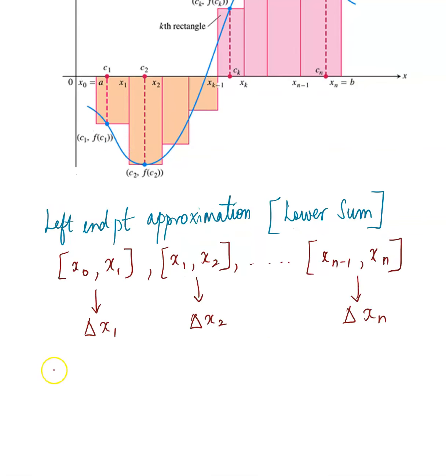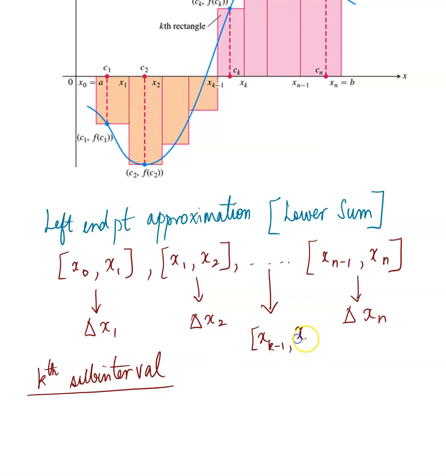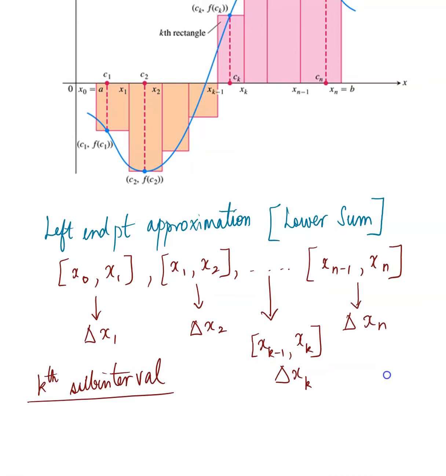So the area, let's just focus on the kth subinterval. So xk minus 1 to xk, that will be the kth subinterval with delta xk. So the area for that kth interval, this is like the kth box. Let's say you were focusing on this kth interval. Let me highlight that for you. Assume the rectangle looked like this, not the pink one.